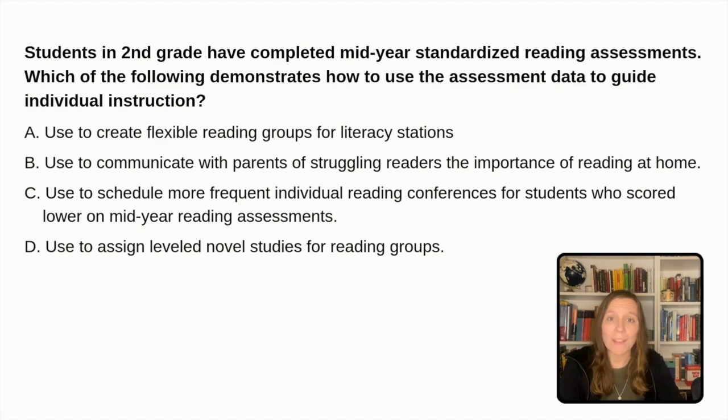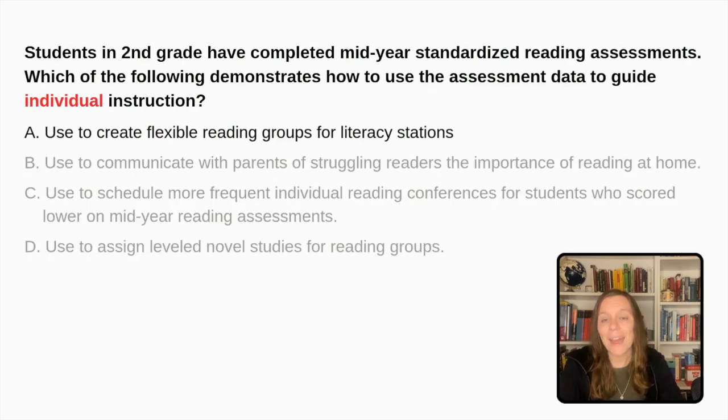The question specifies that it's asking about how to use this data to guide instruction with individual students, which helps us eliminate quite a few answers. A. Using the data to create flexible reading groups for literacy stations is using the data for instruction, but it's more focused on group instruction rather than individuals.